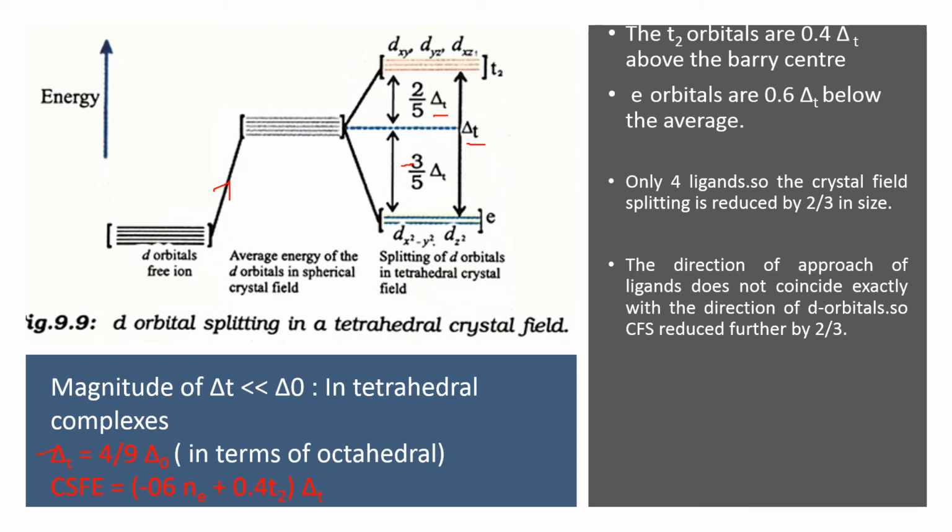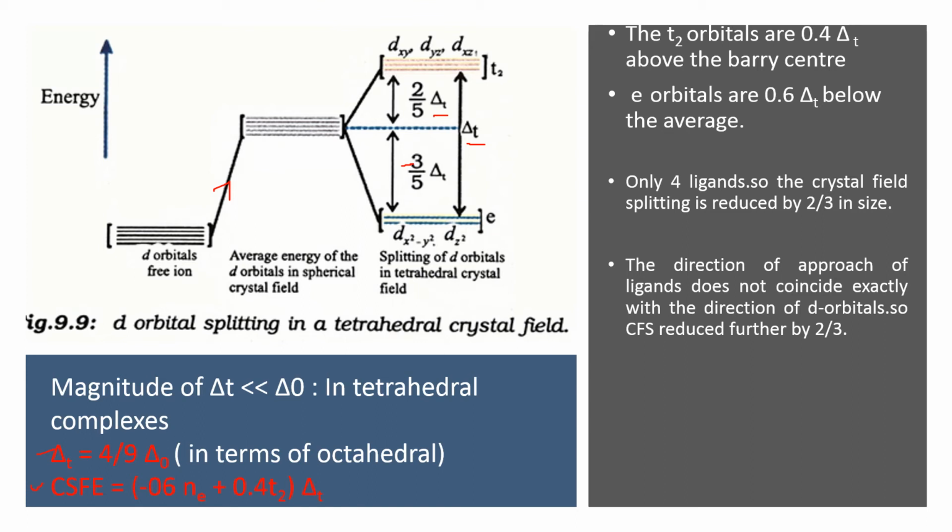It should be read as 4/9 times less than delta O. CFSE of tetrahedral complexes is given by minus 0.6 times the number of electrons in E orbitals plus 0.4 times the number of electrons in T2 orbitals, into delta T.